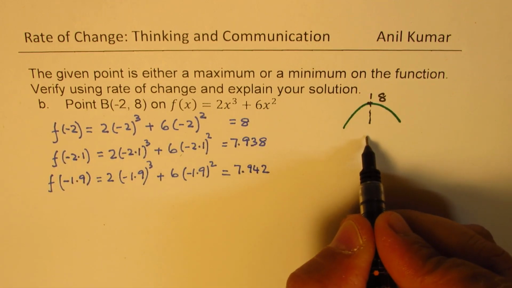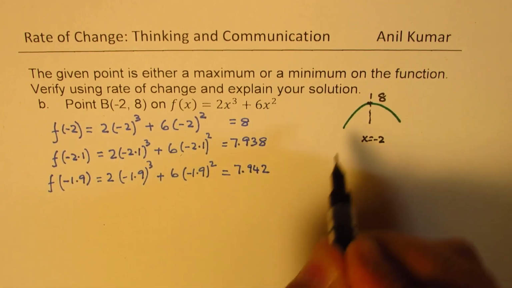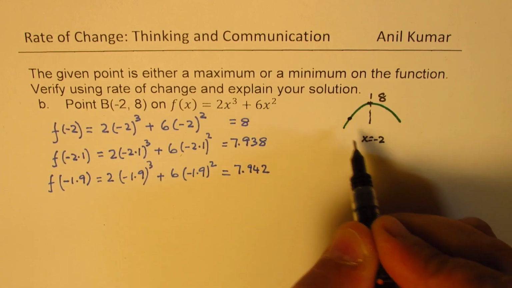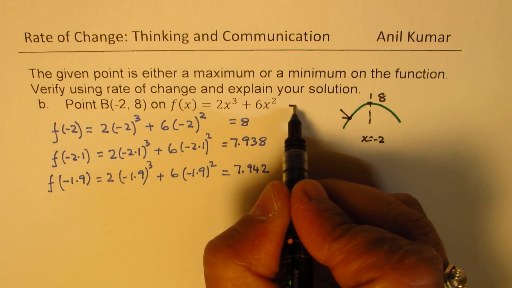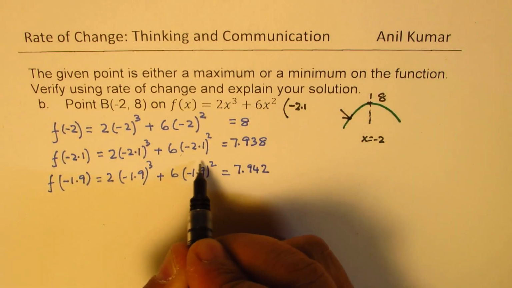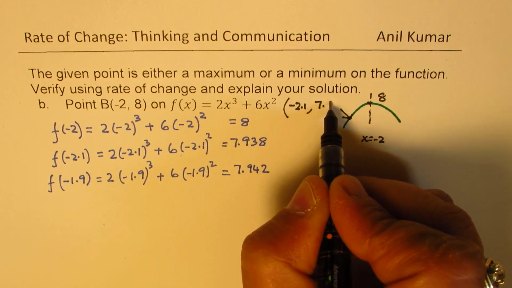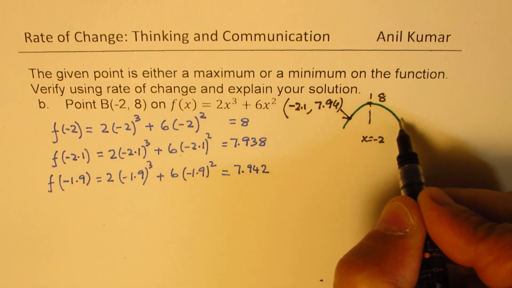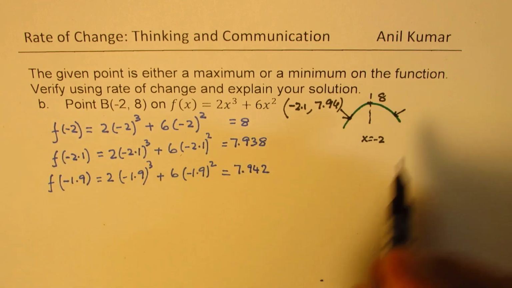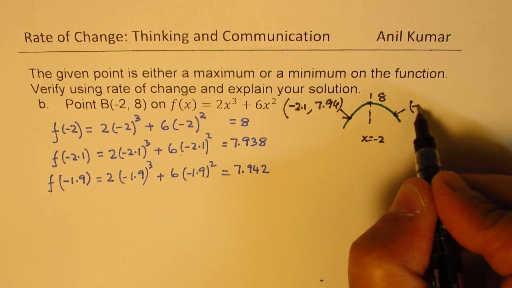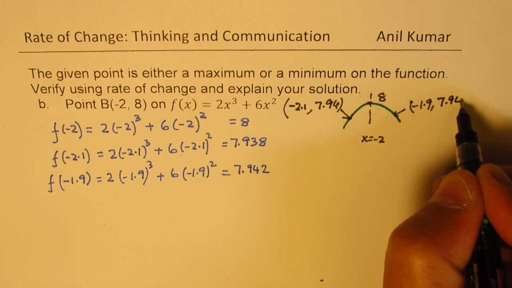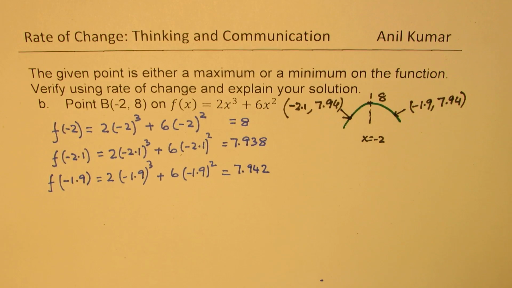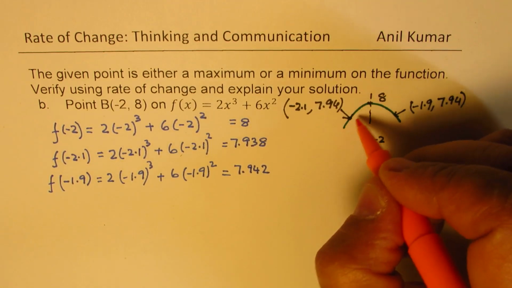At -2.1, the value is 7.938, let's say 7.94. And on the other side, at -1.9, you can see the value is 7.94, correct?